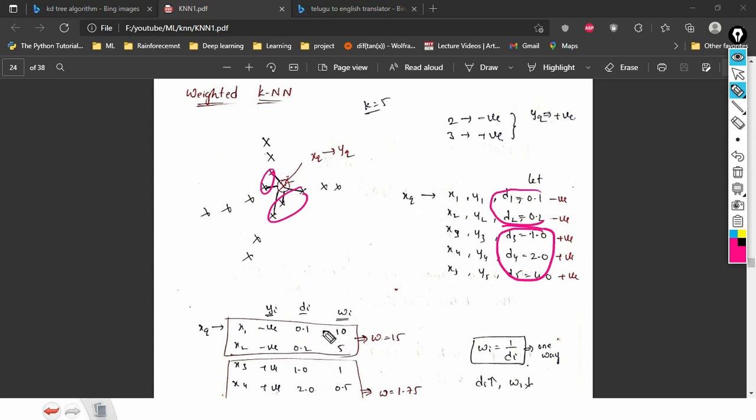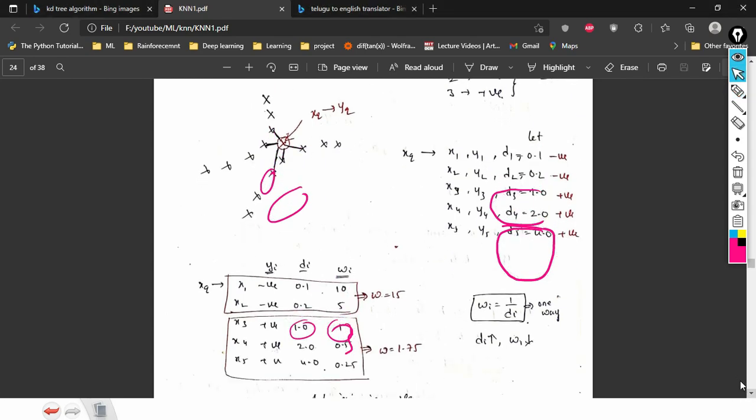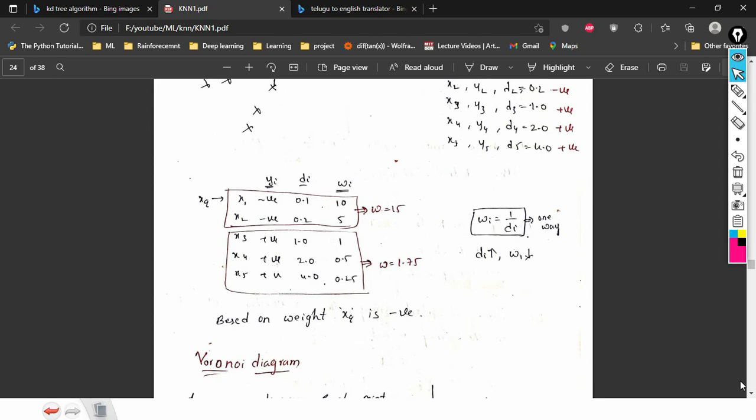According to the distance we will give some weights. The shorter the distance, the higher the weight we will give. Because of that, these two have a shorter distance, so they get more weight: 10 plus 5, we get 15 as the weight. And these 3 points of the positive class were far from the query point, so they got very little weight.